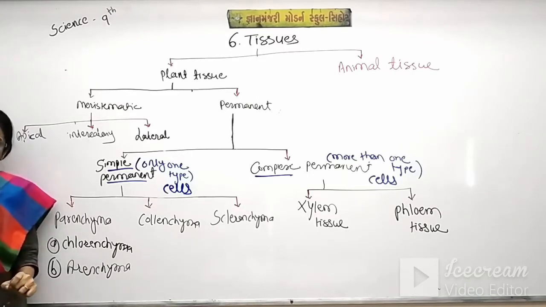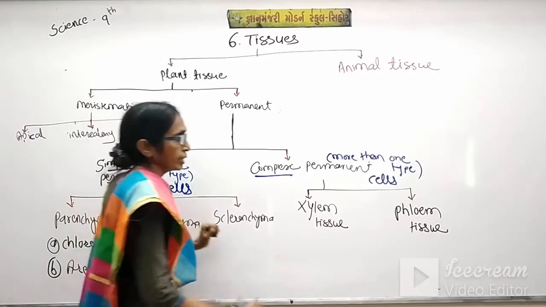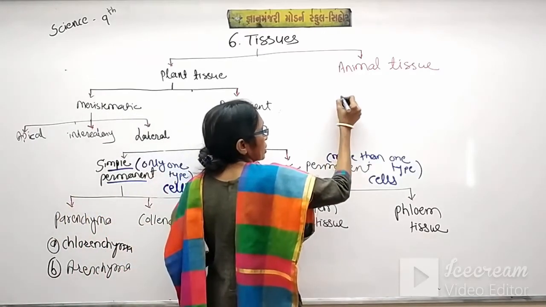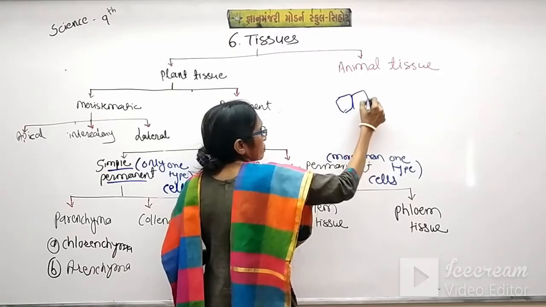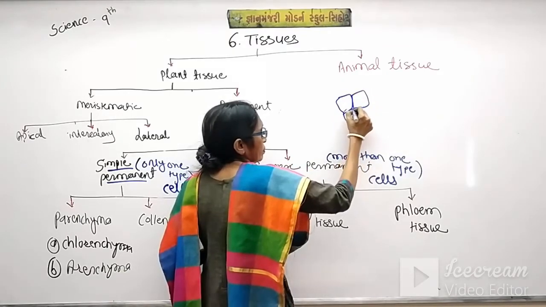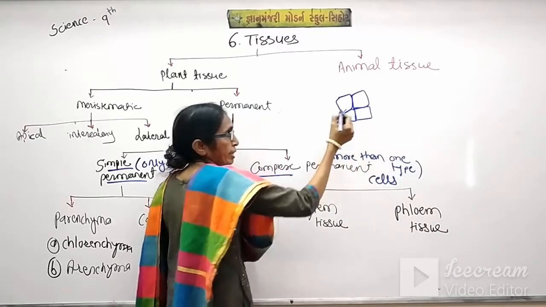cell wall, and there is very little intercellular space. Now what is the intercellular space? Suppose this is a group of cells. So they are packed with each other.